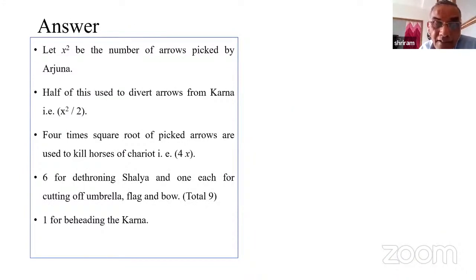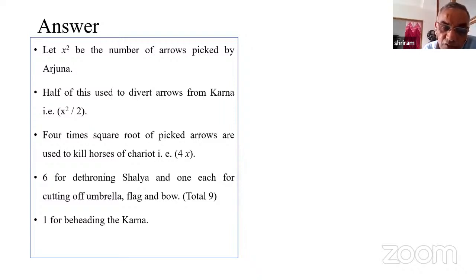I have purposely selected x square only because what is said in the data is 4 times square root of the picked arrows. If I select x, then I have to write 4 root x, then I have to square it. Of course, it is solvable, but better to start with x square. With the number of arrows picked by Arjuna, half of it used means x square by 2. 4 times square root means 4x.